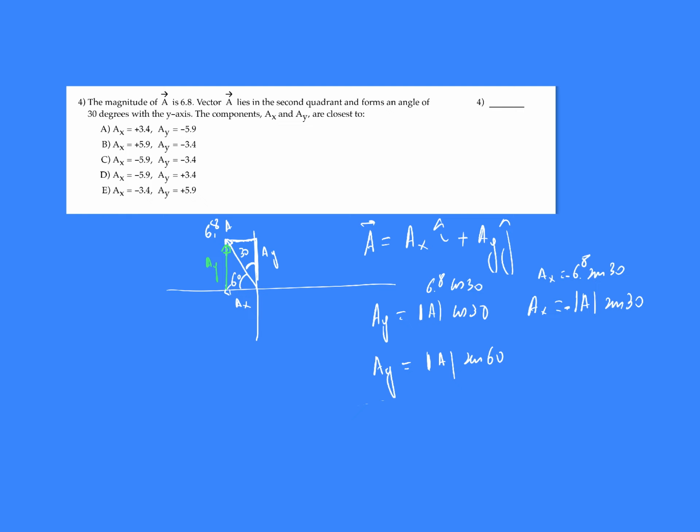If I do it with the triangle like this, with the angle of 60 degrees here, ay, this part, is the sine of 60, not 30. So ay would be 6.8 sine of 60, while ax will be 6.8 cosine of 60. This is the cosine, but it's negative because it's going in this direction. So what is the correct answer here? Well, make the calculation and find it.